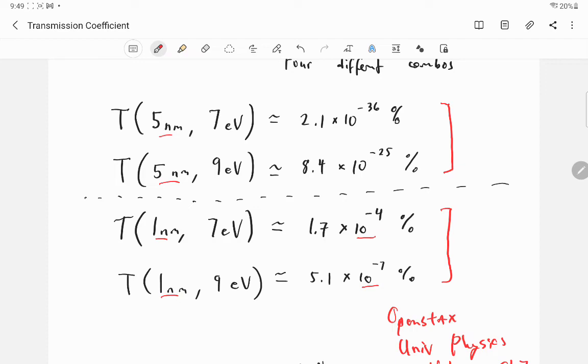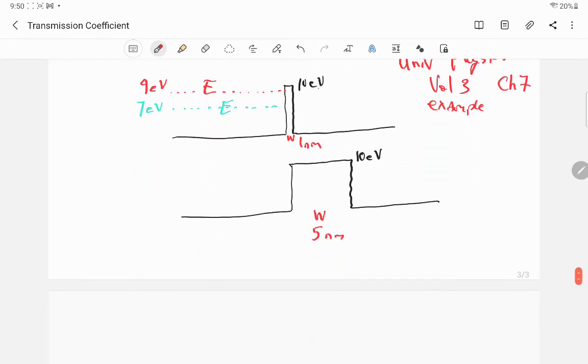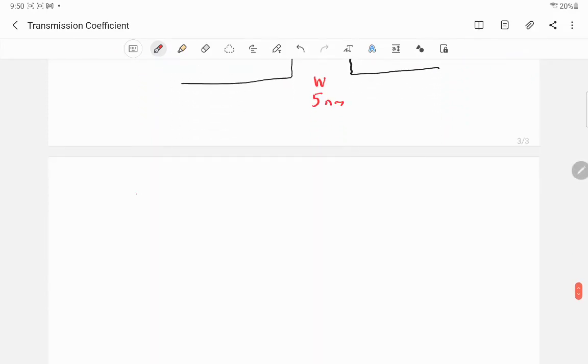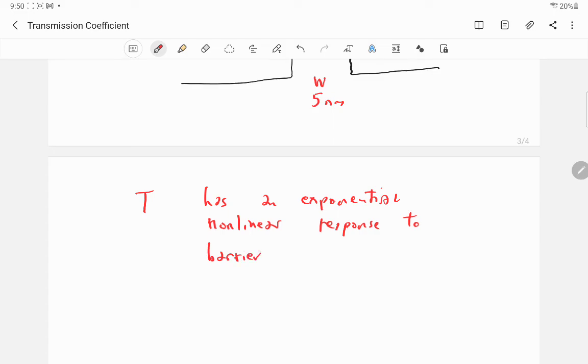And that's a crazy difference for this astronomically forbidden thing to happen. That is, for the transmission coefficient, T has an exponential, sort of non-linear response to barrier width.